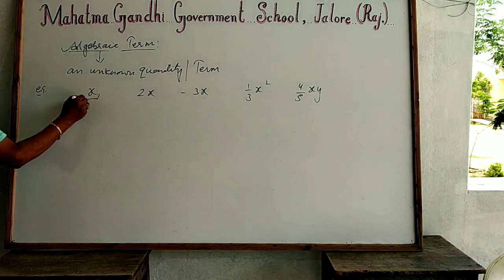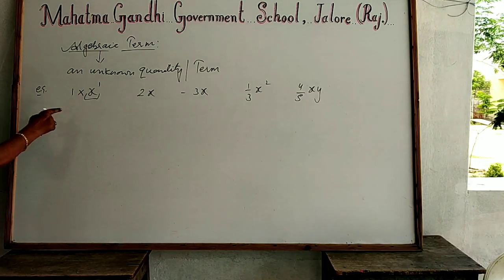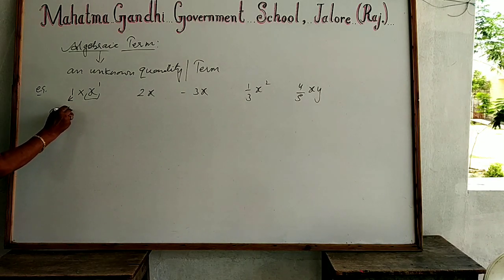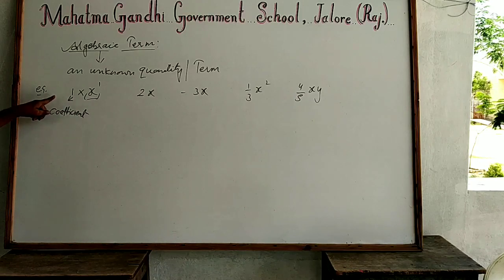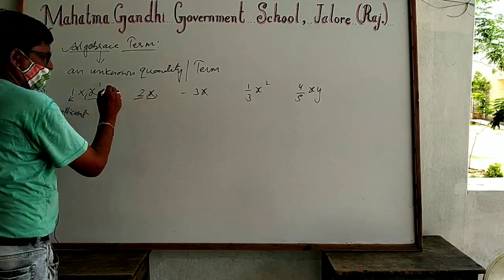It is x here, so it is 1 here. This is called coefficient. Here the coefficient of x is 1. The coefficient of x in this case is 2.